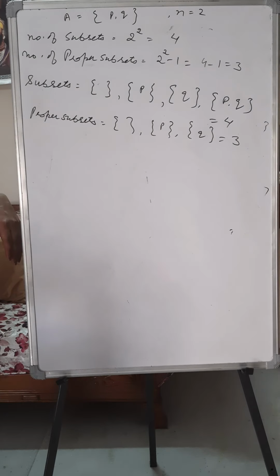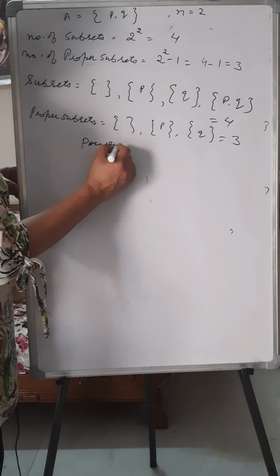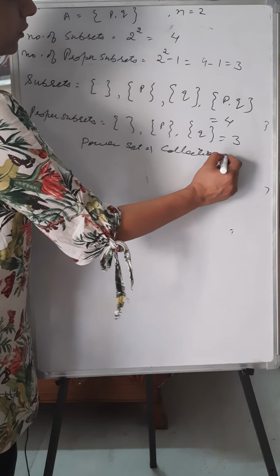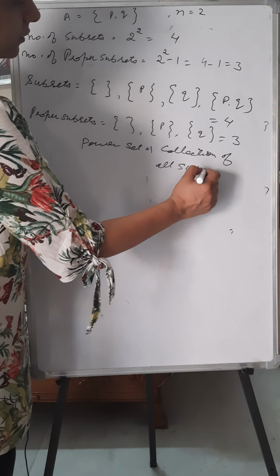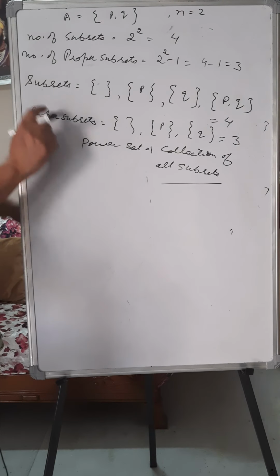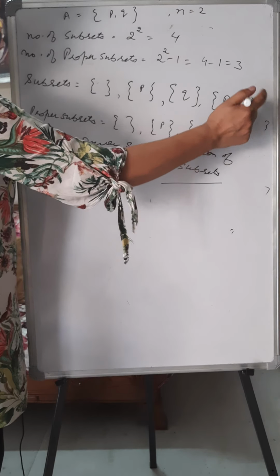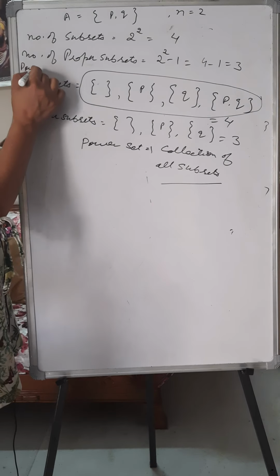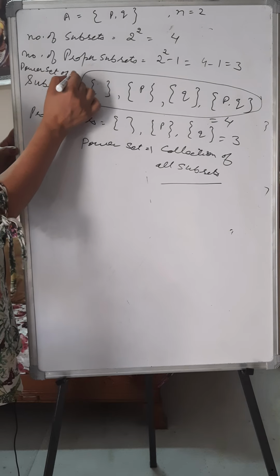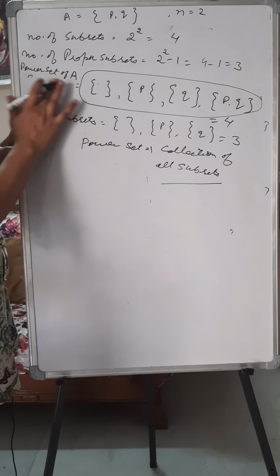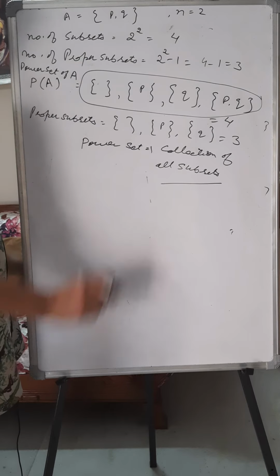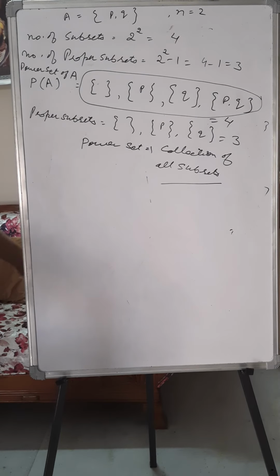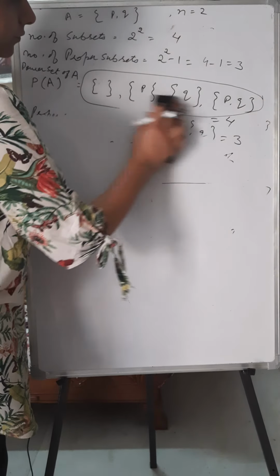I hope that it is clear. Now the next concept is the power set. Power set is the collection of all subsets. Here I have written the subsets, and this collection of all subsets is called the power set of A, or we can write it as P of A. These are minor concepts, but you have to keep them in your mind.